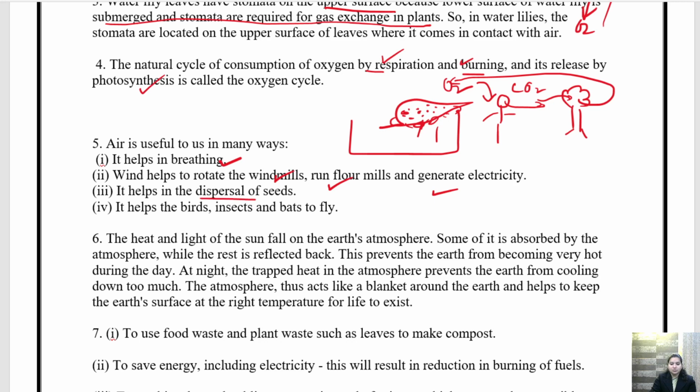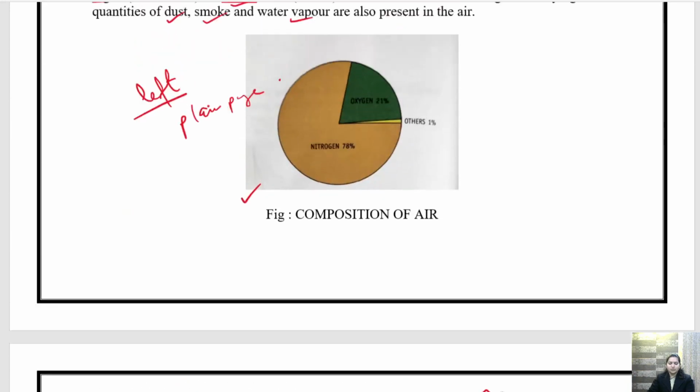It helps in the dispersal of seeds. It helps birds, insects and bats to fly. So that is why air is important. Now this was question number 5. It was easy.